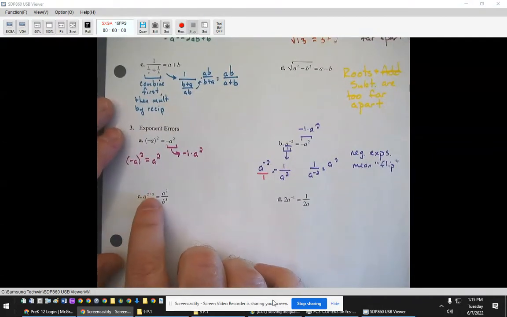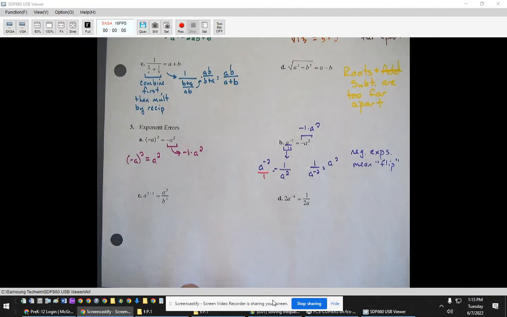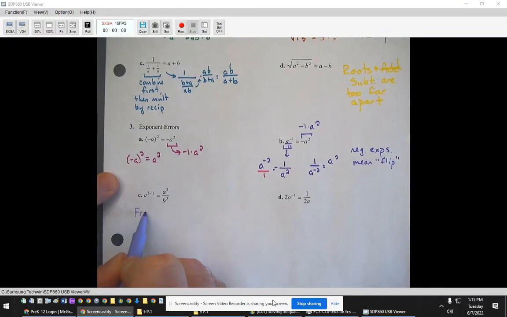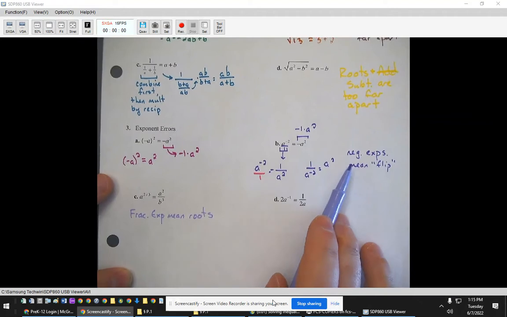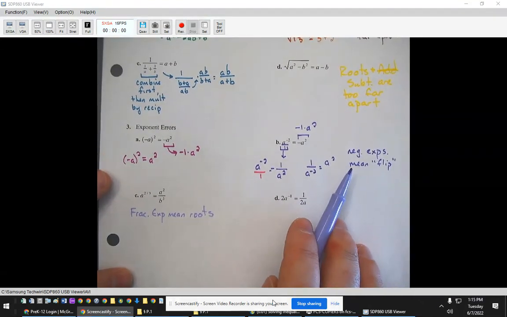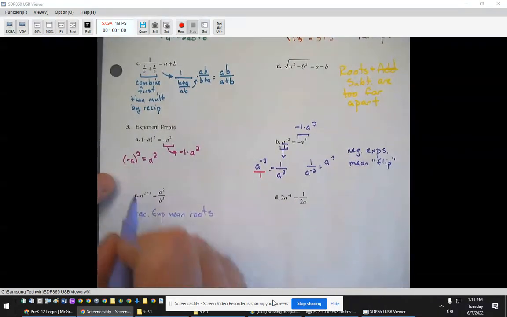A to the 2/3 is equal to a to the second over b to the third. Unfortunately, that's not true either. Fractional exponents mean roots. So negative exponents mean flip, fractional exponents mean roots.